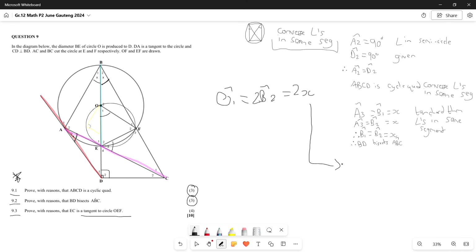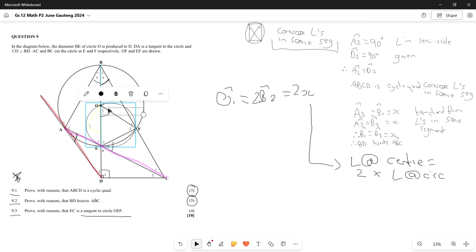The reason over here is angle at center equals 2 times angle at circumference, which means if we're going to put a value in here, we now know that it is 2x over there, which means the whole objective is to prove E3 equals O1 here, which means that E3 is also equal to 2x.